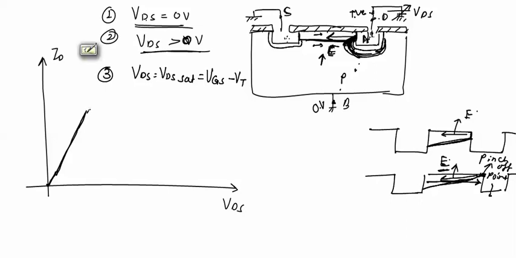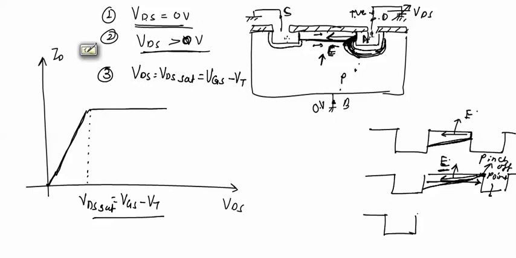At this point, when the voltage is VDS SAT, which is equal to VGS minus VT, the drain current ID will saturate in this MOSFET.